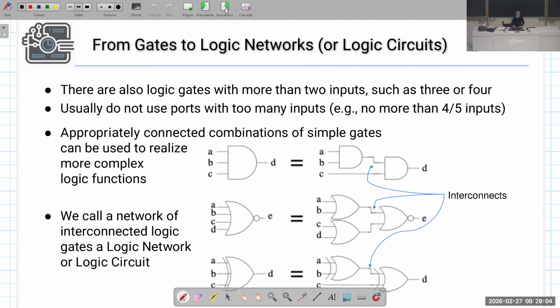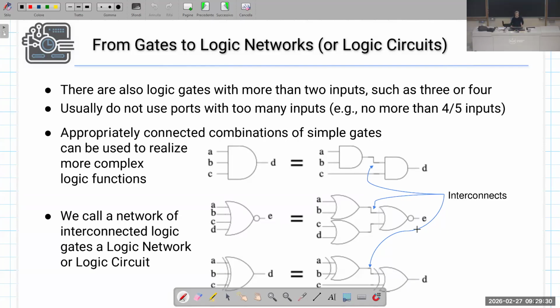to create logic networks that can be either combinational, if we have just combinational gates interconnected with each other, in which basically there is no connection from the output of a gate to the input of the same gate, direct or indirect. So there are no loops, there are no feedback loops.